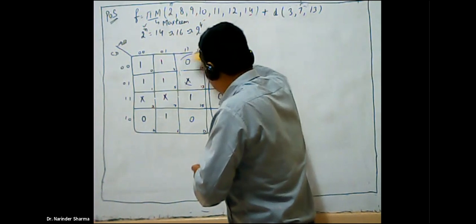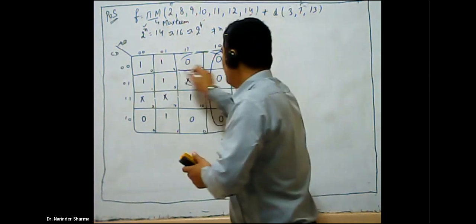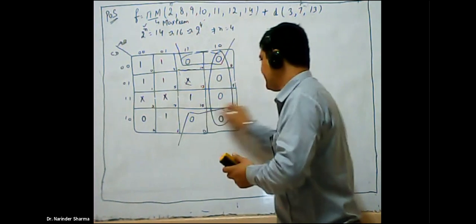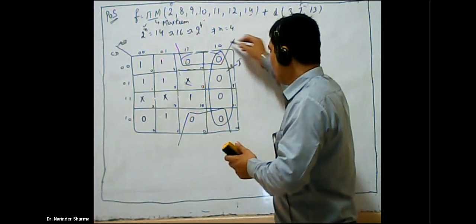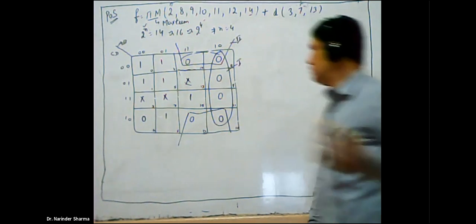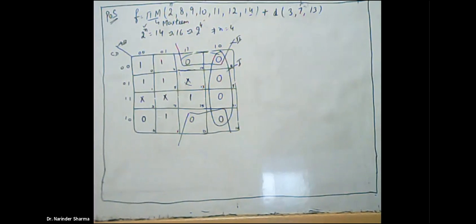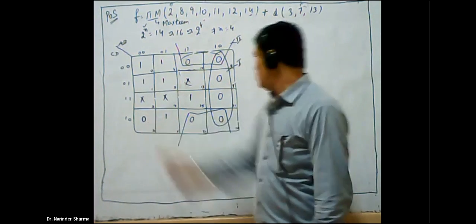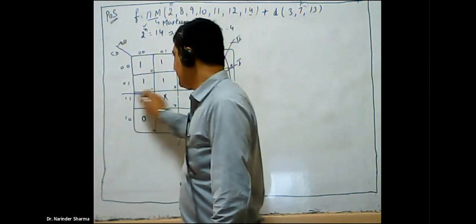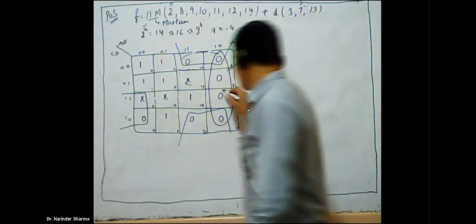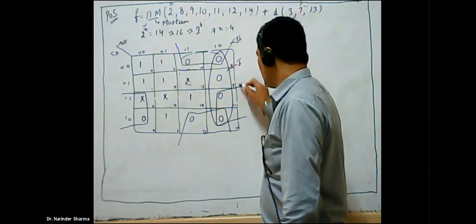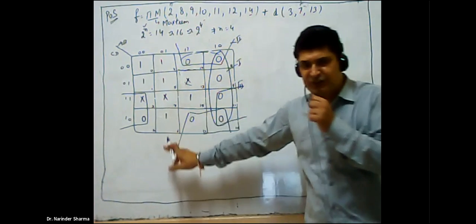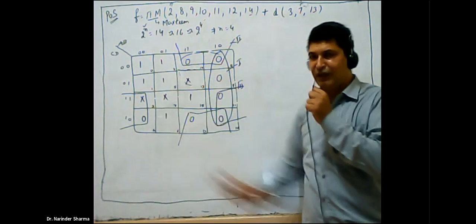We can fold it. So it may be a group like this. Mark this as group number 1. This is group number 2. And there is this 0. It can be made as a group of 4, means quad here. Group number 3. So there is no 0 left uncovered, all are covered in the groups.